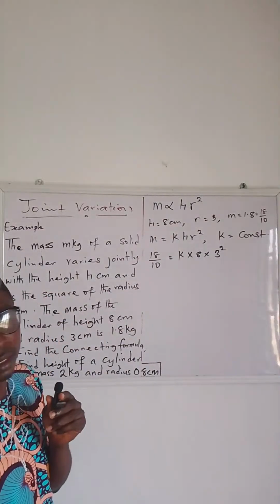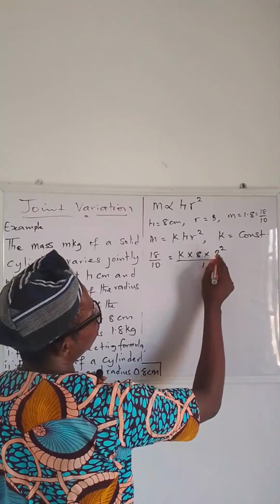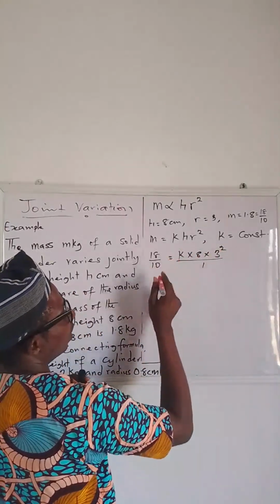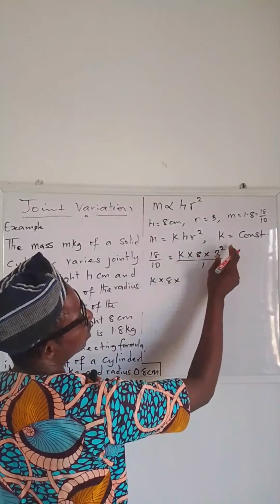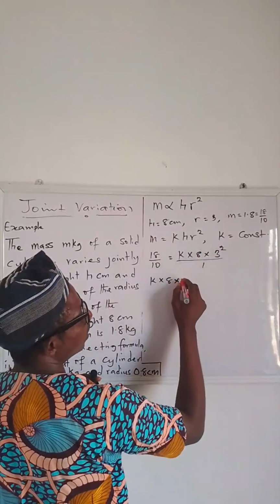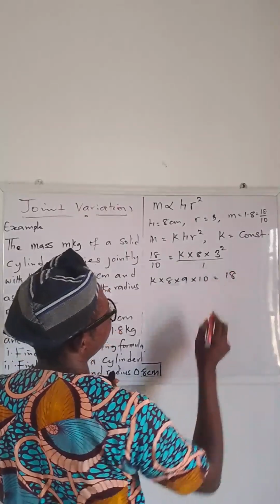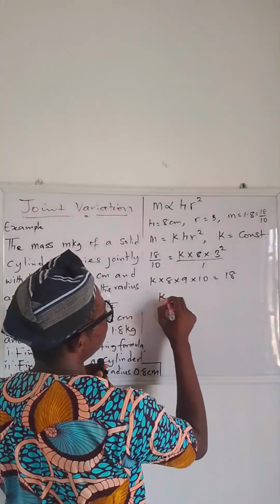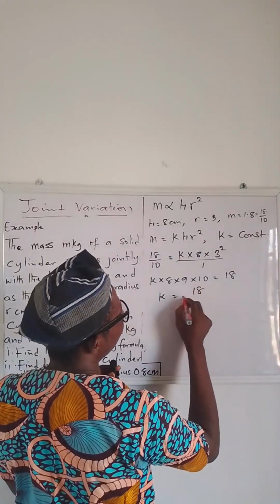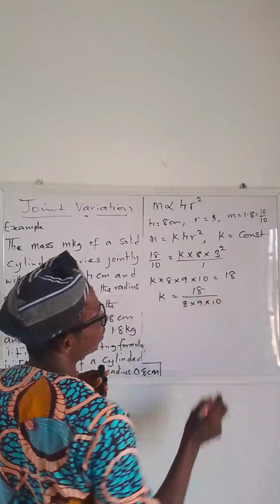Here we can cross multiply. So this is over 1. Let's use everything here to multiply what we have here. So we have k times 8 times 3 raised to power 2, which is the same thing as 9, times 10 equals 18. So now k is 18 divided by 8 times 9 times 10.